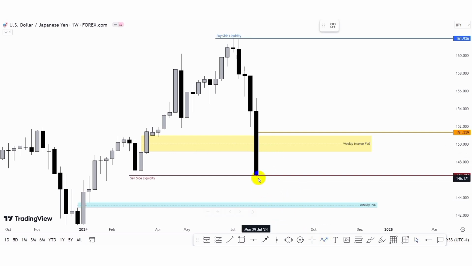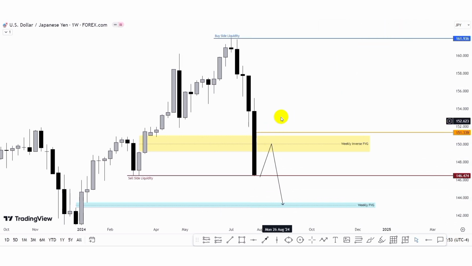So in the USDJPY, we're anticipating to see this movement of price, and then we see price further fall to the downside. So we want to see price return to the main threshold of this weekly inverse fair value gap, or we see price may push further to the upside into this price level here, and then we see the bearish movement of price to the downside into the weekly fair value gap.